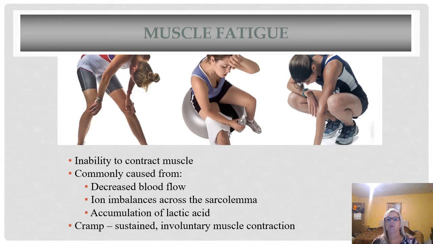This is caused by a decrease in blood flow, an imbalance of ions that are going across the sarcolemma. Okay, and that's from the transfer of ions during repeated stimulation over and over. And more importantly, from accumulation, I should say, of those hydrogen ions because of that lactic acid. It's an acid, right?